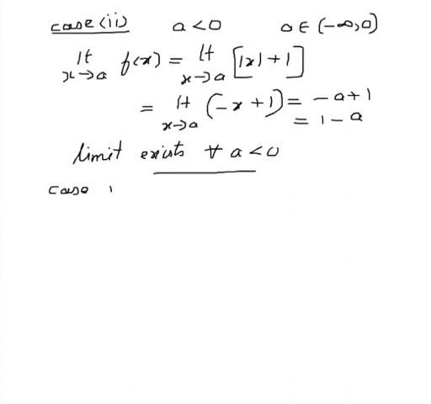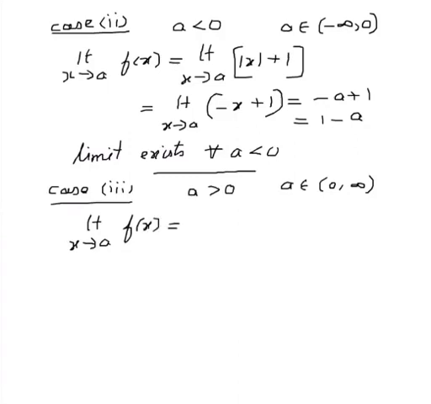Now case 3, we will check for all real values which are greater than 0, that is a belonging to the open interval 0 to infinity. We need not do LHL and RHL. We can combine and do it as one limit, the limit as x tends to a of f of x. But in this case, a is positive. So for positive values, the definition of f of x is absolute value of x minus 1, and for positive real values, absolute value of x is x.